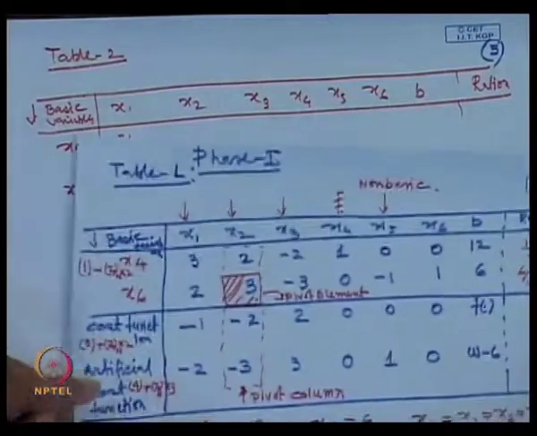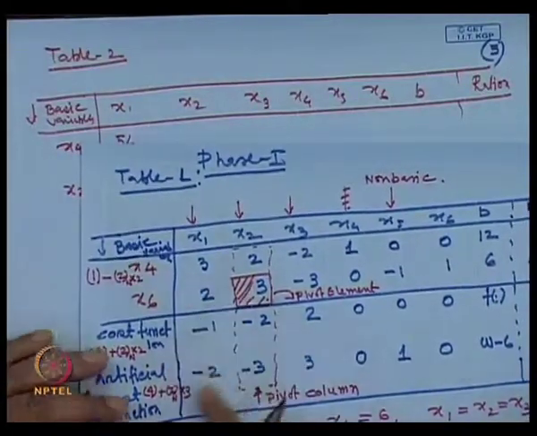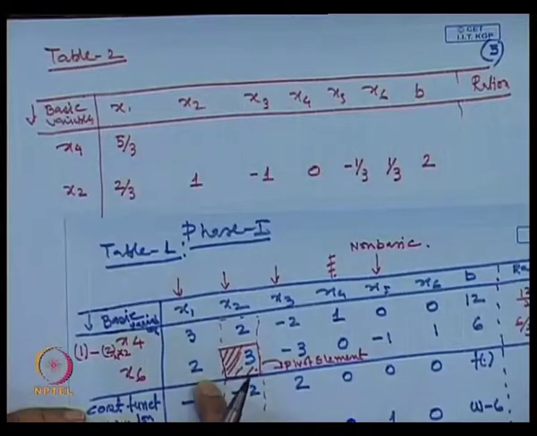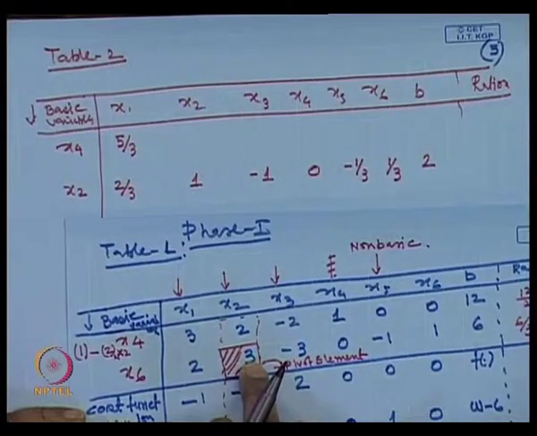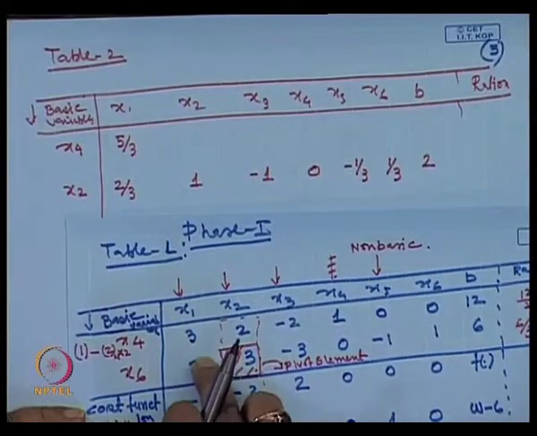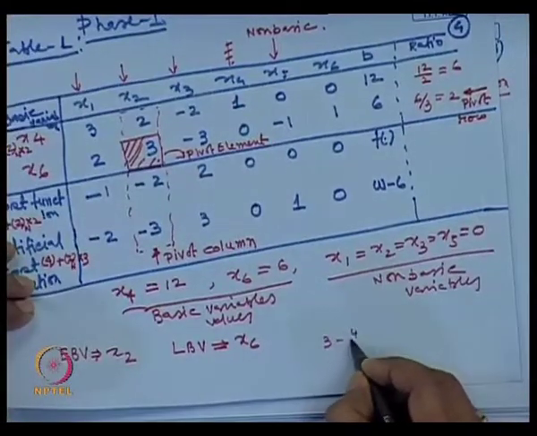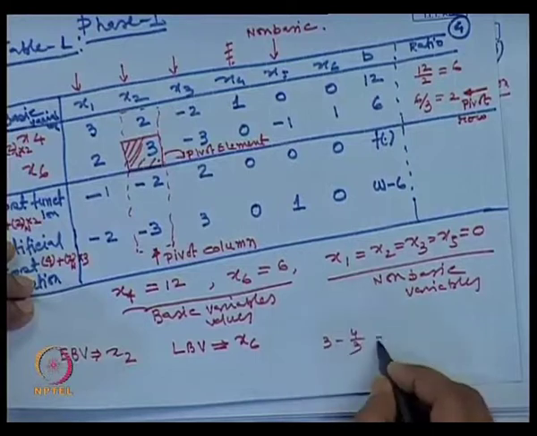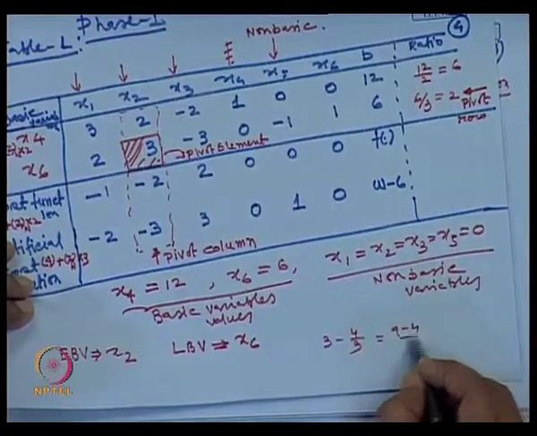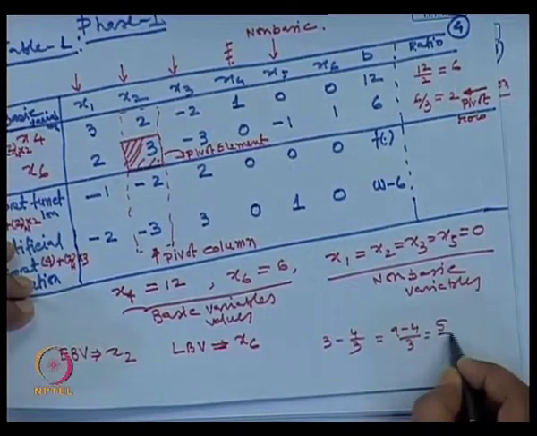So this one is coming, I divided by this 2 by 3, so I multiplied by 2 by 3, meaning 4 by 3. So 4 by 3, this is nothing but 9 by 3 minus 4 by 3, which is 5 by 3.